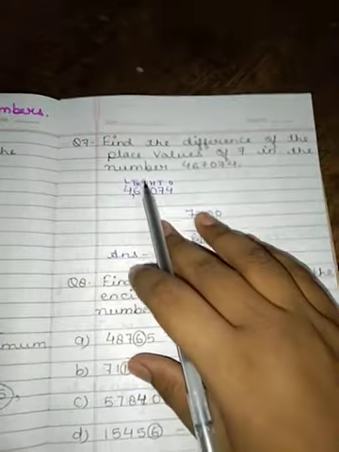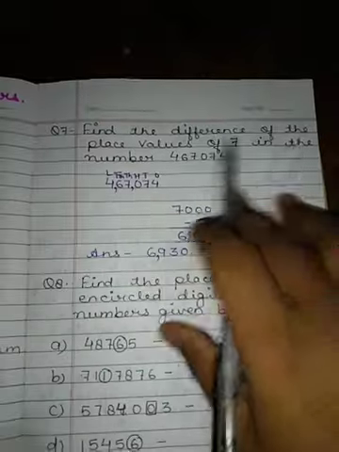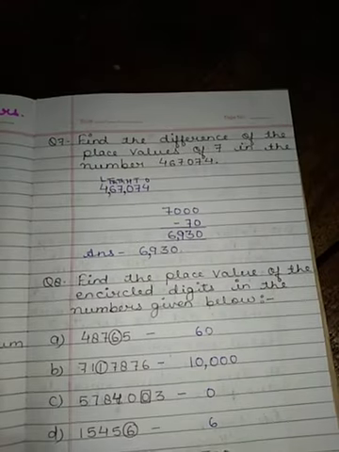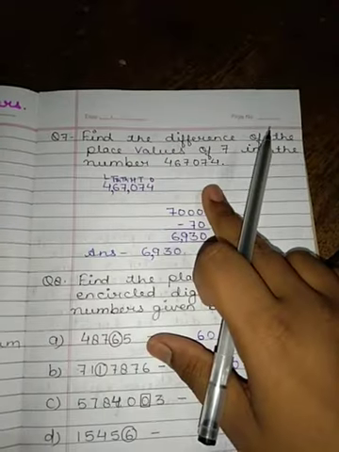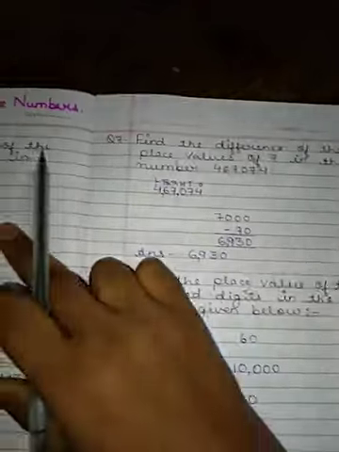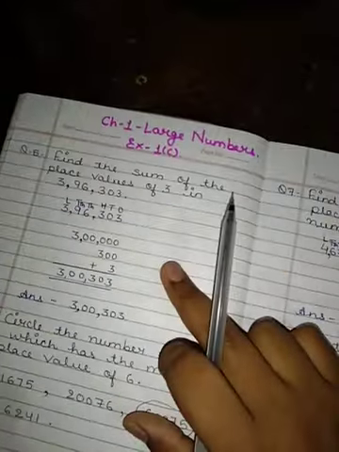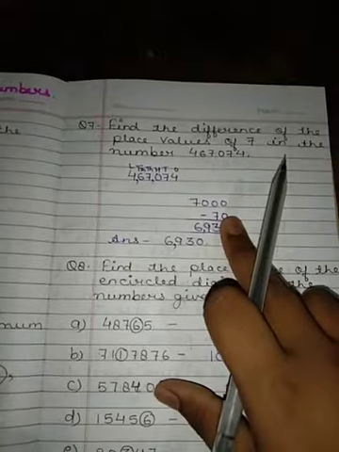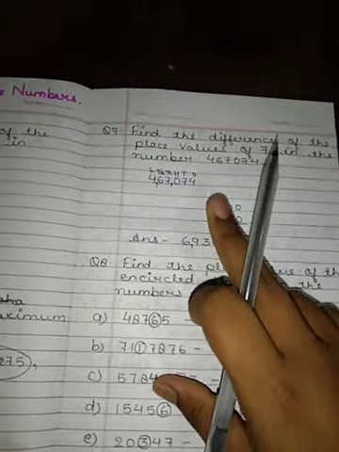Now, question number 7. Children, what is question number 7? Find the difference of the place values of 7 in the number 4,67,074. It is the same as question number 5. In that we took out the sum, and in this we will take out the difference. What do you mean by sum?